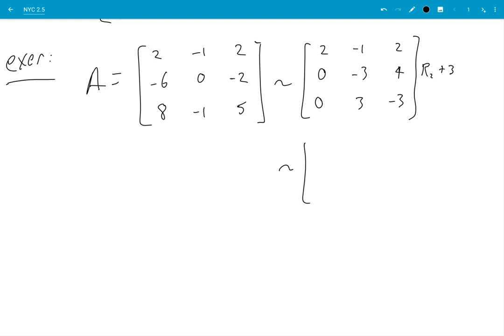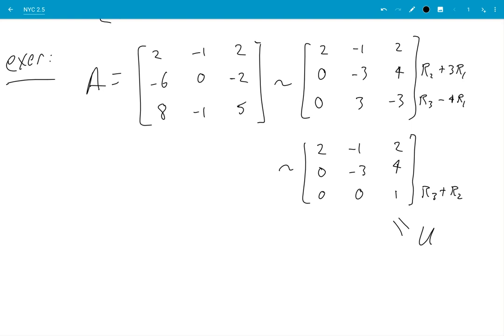Row 2 plus 3 row 1, row 3 minus 4 row 1. Okay, so there's U there.